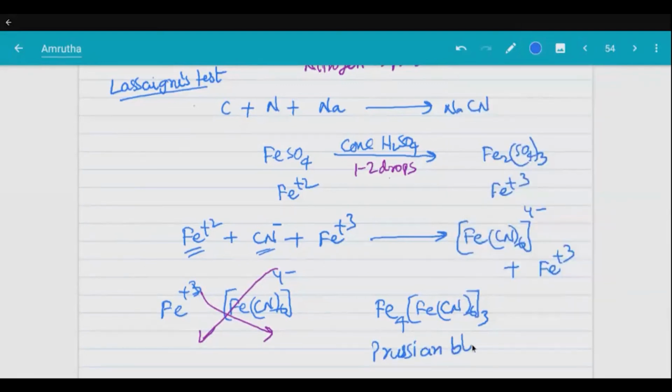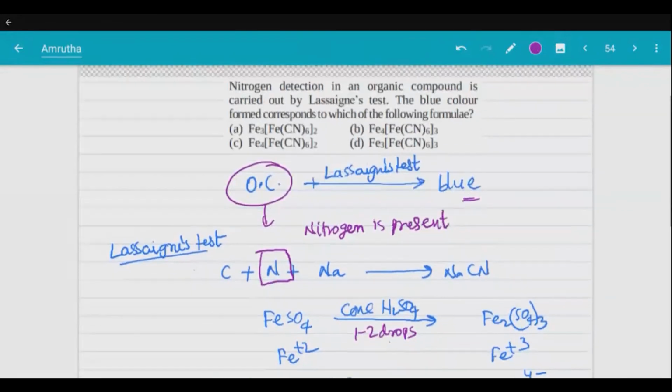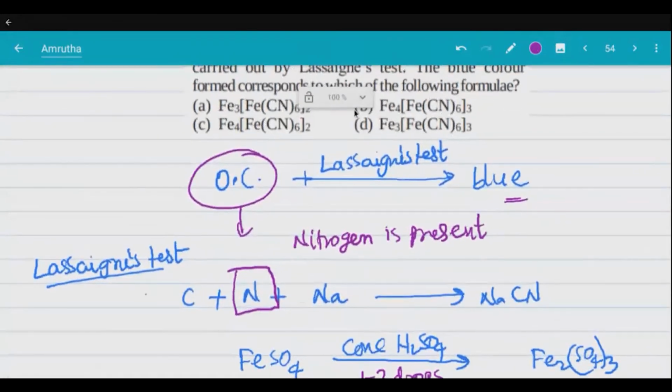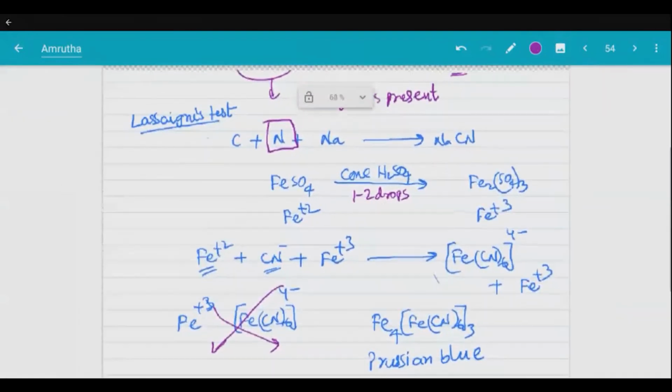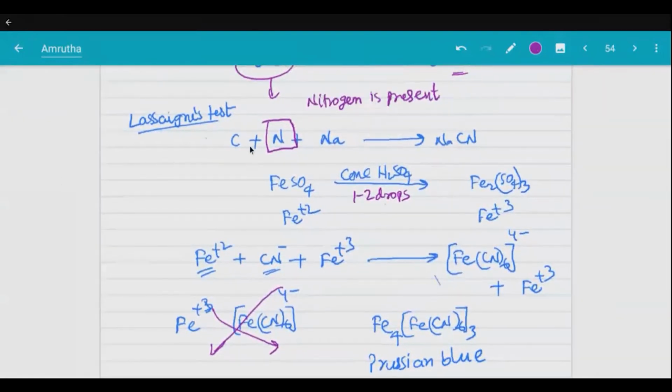So this confirms nitrogen. This is the test to detect nitrogen in an organic compound. Very, very important: Fe4[Fe(CN)6]3. Let us discuss this again. Look at this point. Whatever nitrogen is present in the organic compound is converted into NaCN, and we add a very small amount, 1 or 2 drops, of concentrated H2SO4 to iron sulfate and mix the solution.